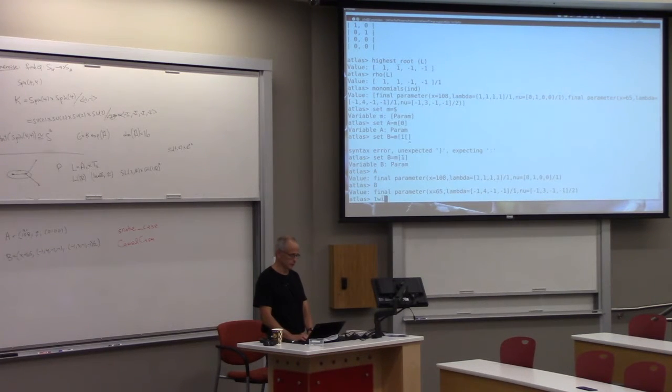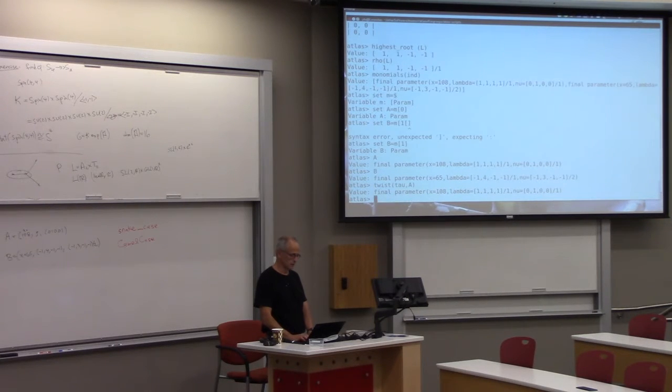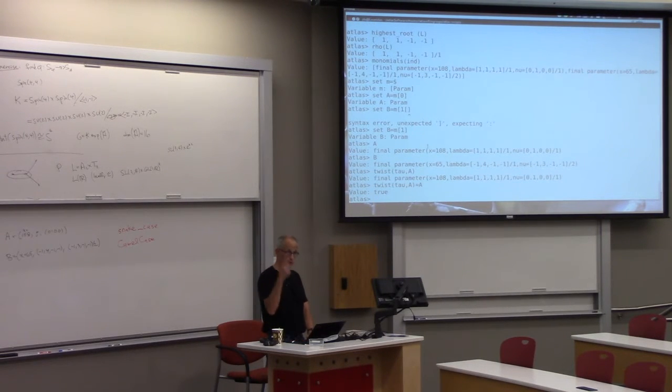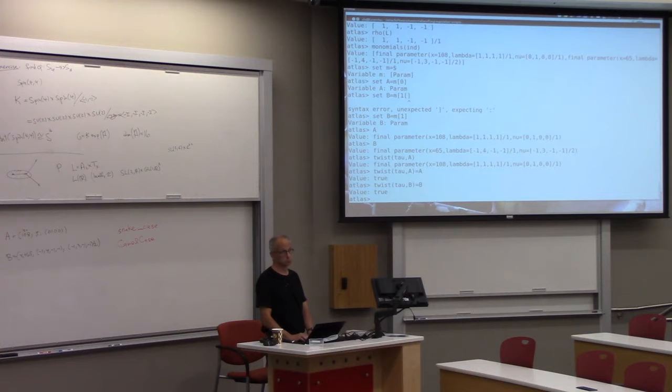Now let's look at twist tau A. So this triality automorphism fixes A. And how about B? Also fixes B. Interesting.